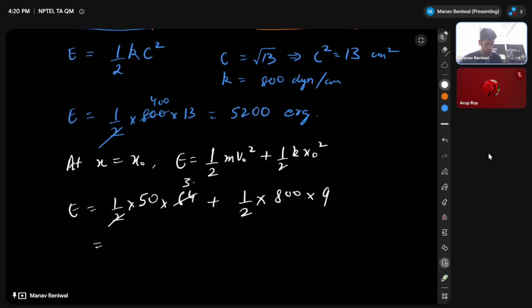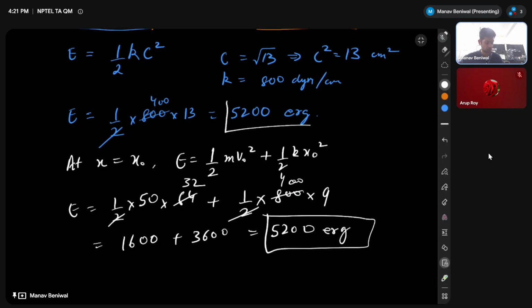This becomes 32, 16. So this is 1600. And the second term will give you 4 times 9, so 36. So this gives you 3600. So adding both these two will again give us 5200 erg. So both of them are exactly the same, which again goes to show us that the energy is conserved, and we could choose any point as per our convenience.